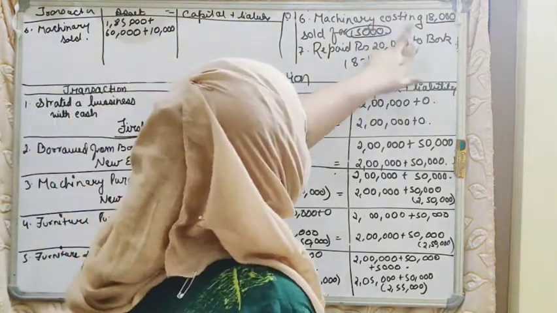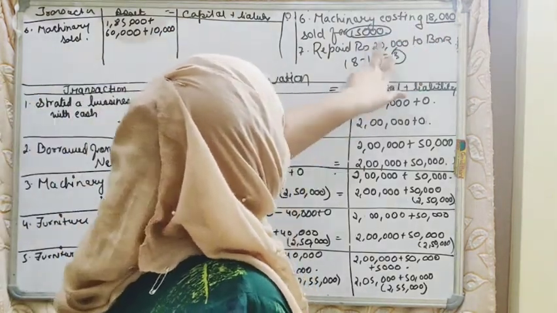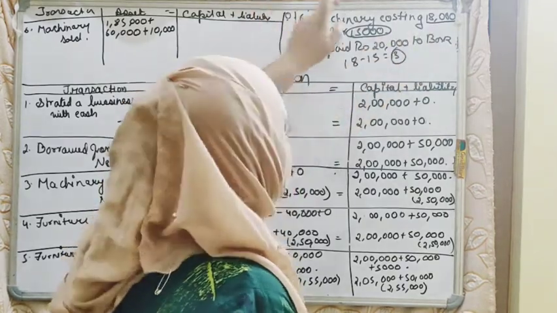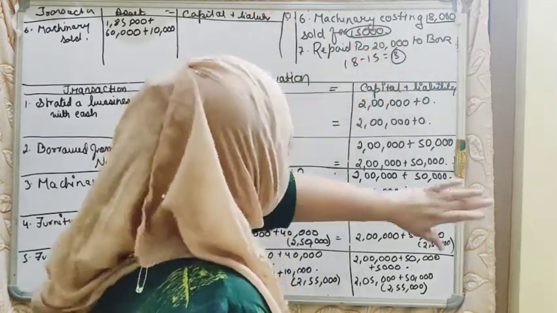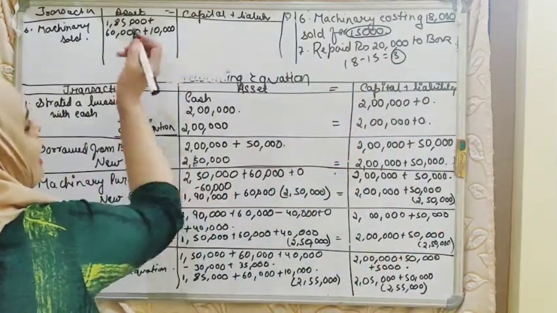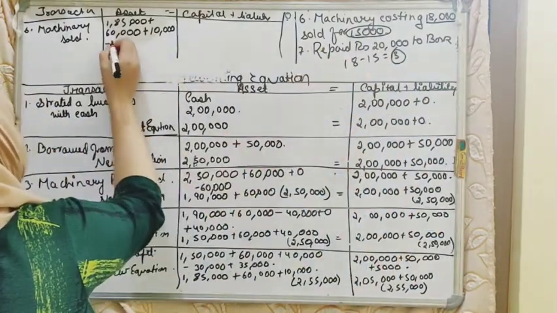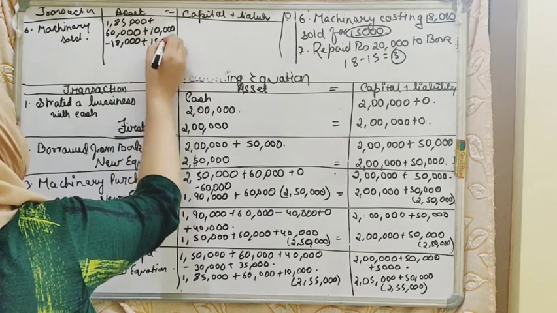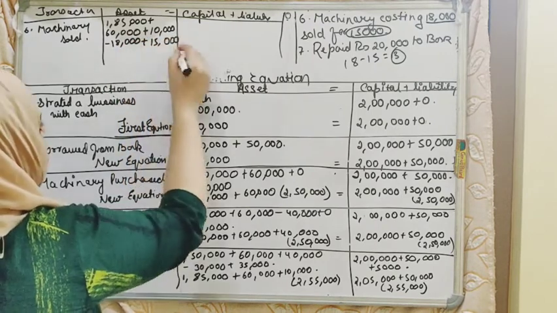So machinery costing 18,000 sold for 15,000. So 18,000 worth machinery is going out, 15,000 worth cash is coming inside. So we will write 18,000 machinery means minus 18,000 plus 15,000 is your equation.